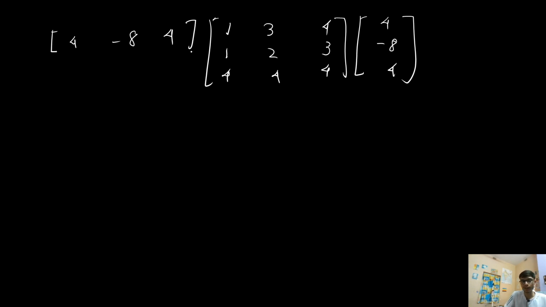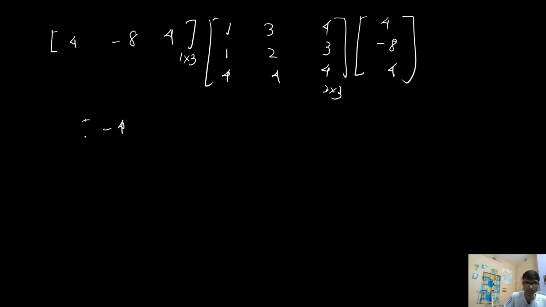Now if I multiply, I get 4 minus 24 plus 16, that is 4 plus 16, that is 20, minus 24, that is minus 4. This is of 1 cross 3 and this is 3 cross 3, so the result will be a 1 cross 3 matrix.